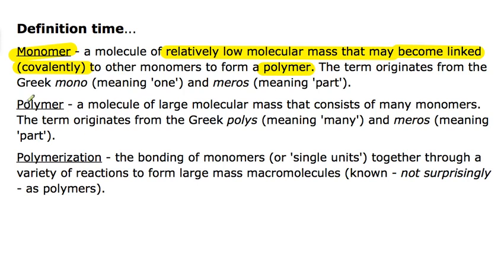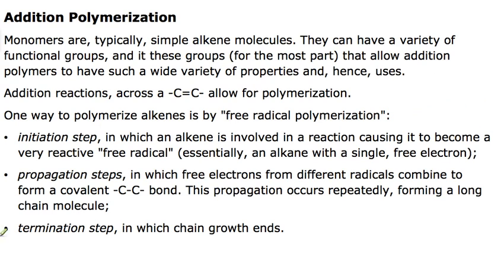And a polymer then is a molecule with a large molecular mass. This can be a huge mass, millions of AMU, and consist of many monomers, not surprisingly. And then polymerization is just the process, the reaction that allows for the bonding of monomers to form polymers. So a few definitions.